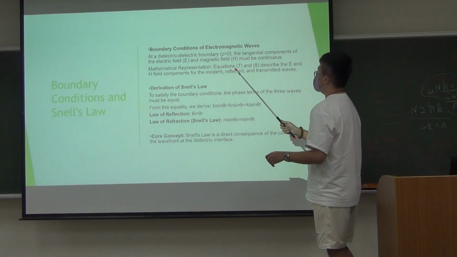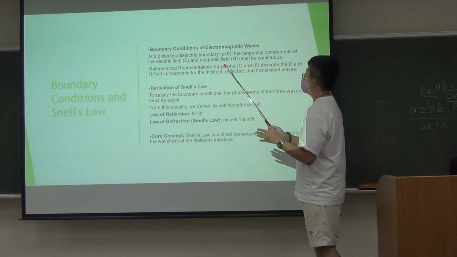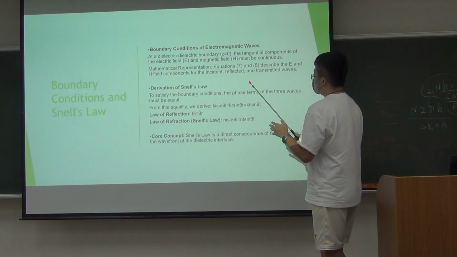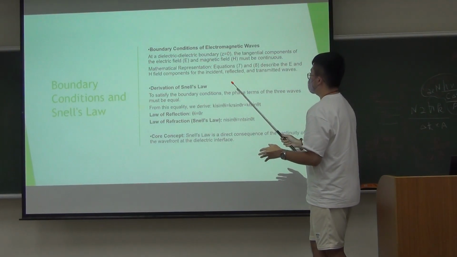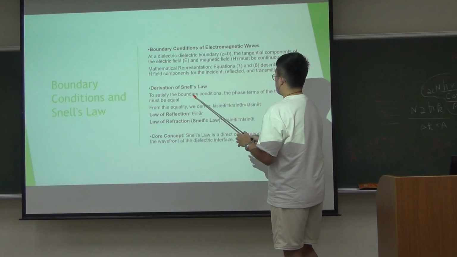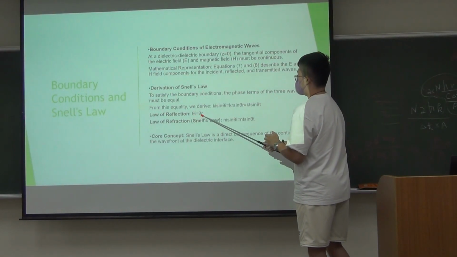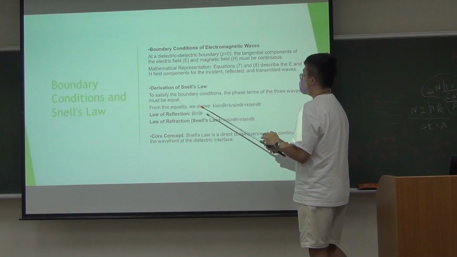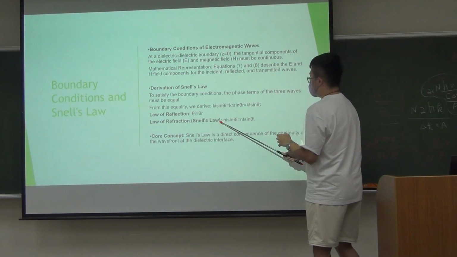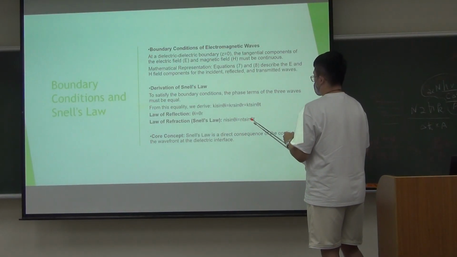It makes the phase the same, and it also makes the lambda the same. So it comes to Snell's law of reflection, where theta i must equal theta r, and for refraction, Ni sin theta i must equal Nt sin theta t.